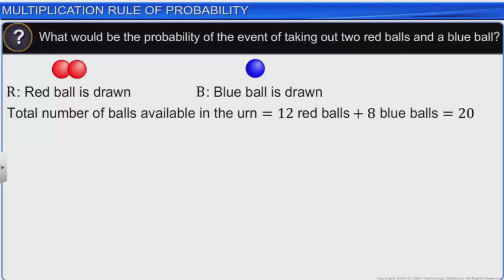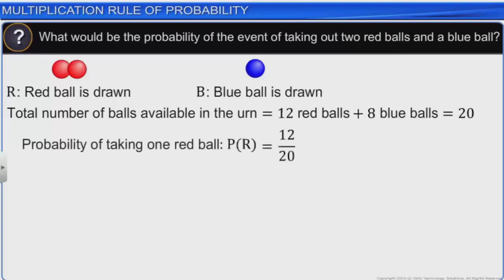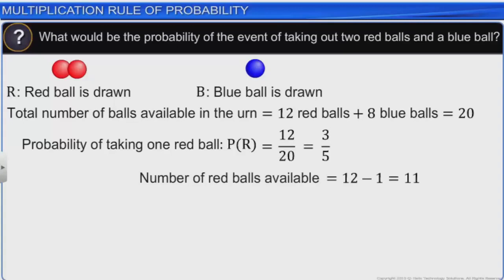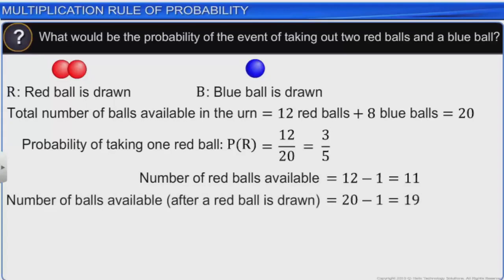And since there are 12 red balls, the probability of taking a red ball is 12 divided by 20, which is equal to 3 divided by 5. Since the ball drawn is not replaced in the urn, 11 red balls are now available, and the total number of balls is 19.